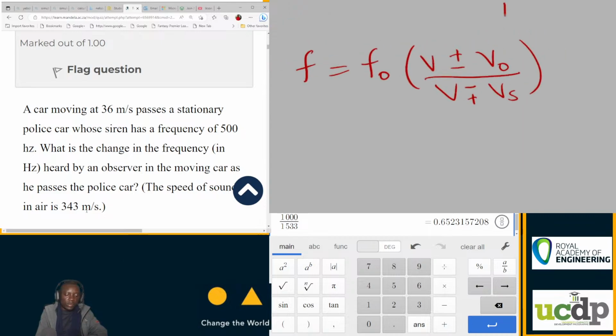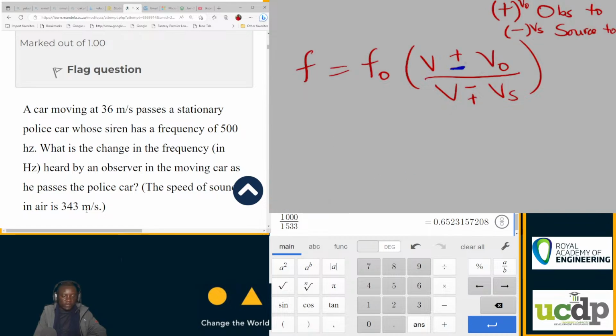So in this case, positive for V observer means observer towards source, and negative for V source means source towards observer, right?